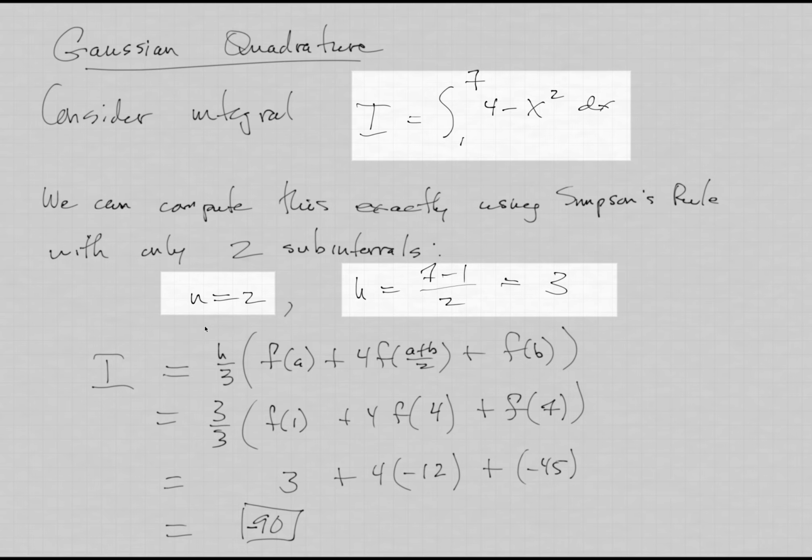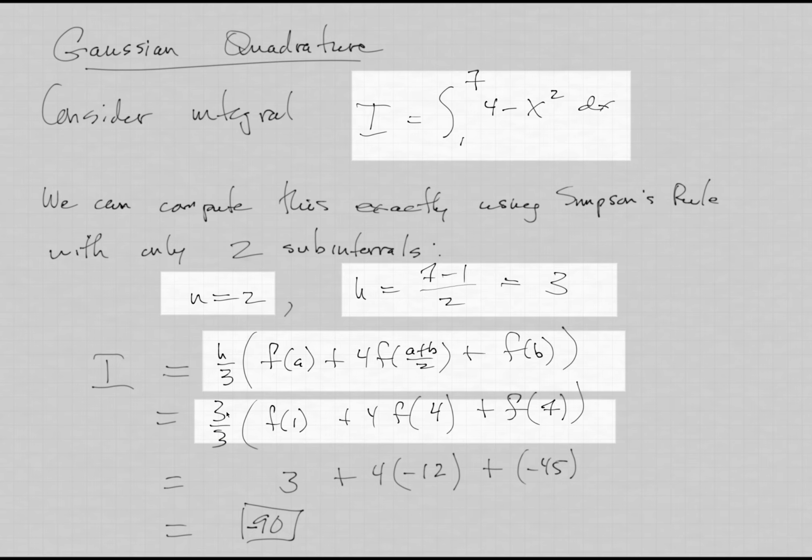And then the rule for Simpson's rule was that you take h over 3 times the value at the left endpoint plus 4 times the value at the midpoint plus the value at the right endpoint. And if you do this for this particular function, actually, first of all, the value of h is 3, so the coefficient out front cancels completely.